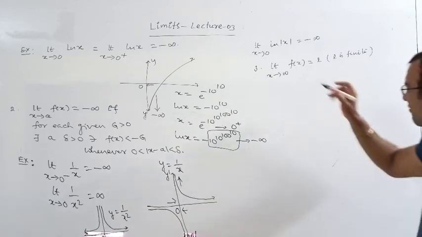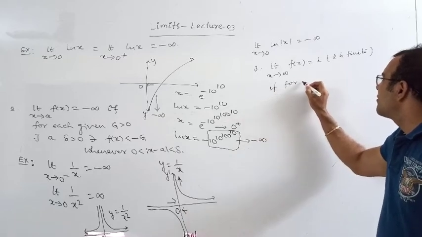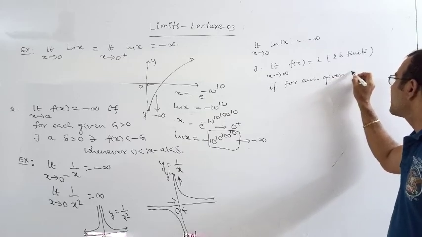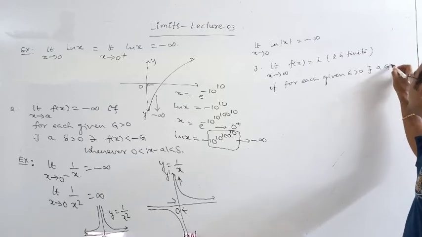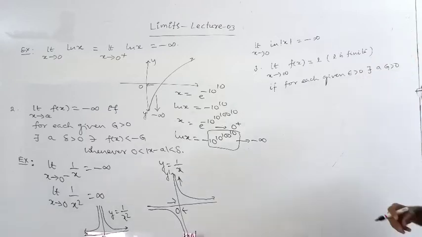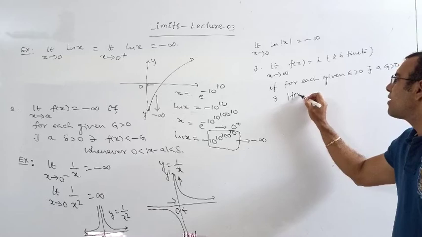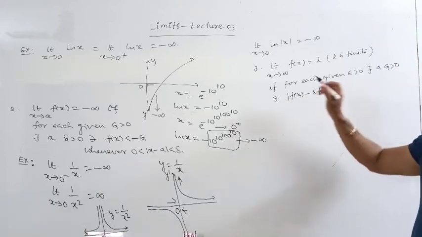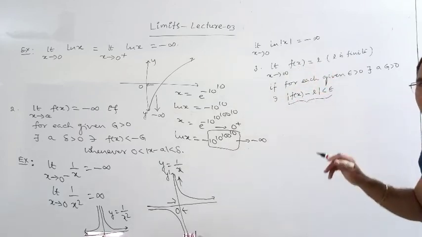If for each given epsilon greater than 0, there exists a g greater than 0, a very big number, such that modulus of f of x minus L is less than epsilon. So whenever the limit is finite, we always follow this inequality.